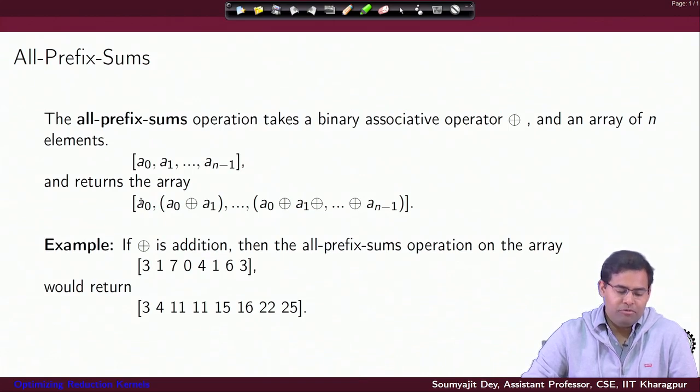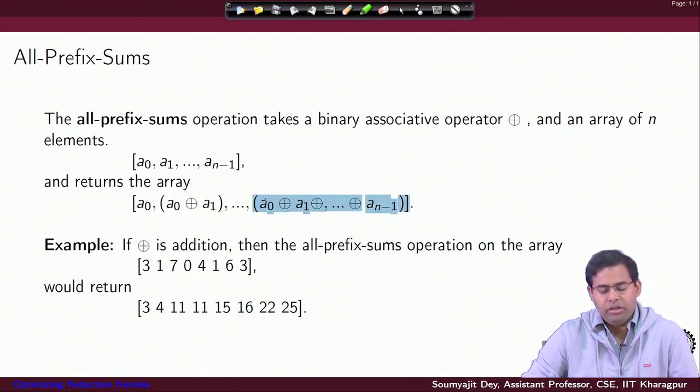So essentially I am looking at an output which is A0, then A0 add A1, and then A0 plus A1 plus A2, like that, and finally the addition of all the numbers. Assuming this is addition, it can be any associative operation. Let's assume that this is what I want, instead of only computing the total sum.